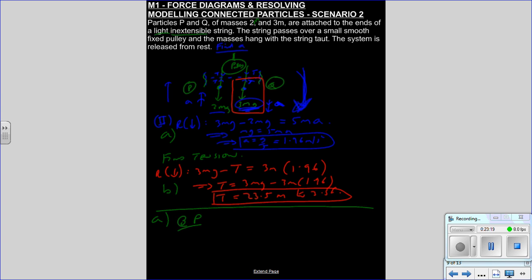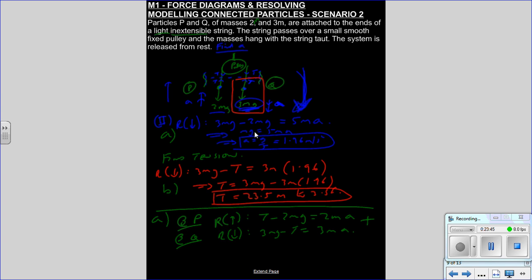So at P, resolving up because it's accelerating up, the force going up is tension, minus the weight, equals the mass times acceleration, right? And at Q, like what we just did, resolving down, we would have 3mg subtract T equals 3ma. Can you see we've got a simultaneous equation there?